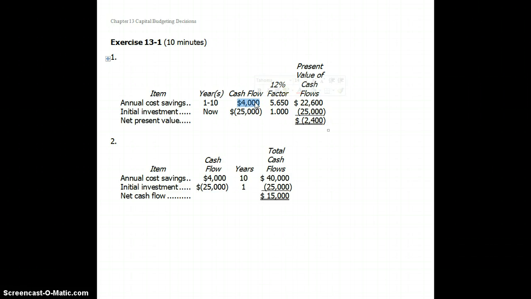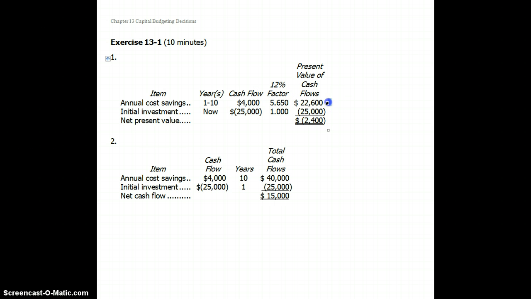So if we go to table 13B2 on page 630 and go across the top to 12% and then down that column to 10 periods, you see the discount factor of 5.650. That discount factor multiplied by $4,000 gives us the present value of that annuity.